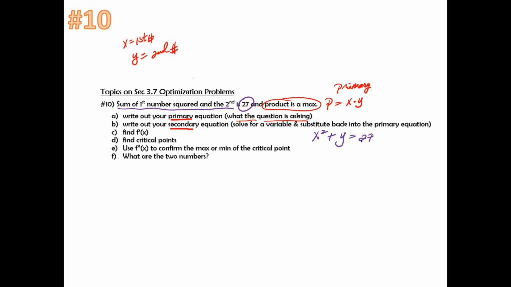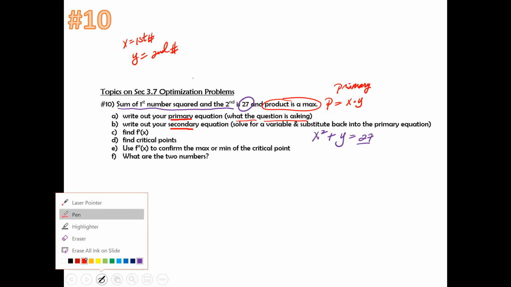Like if you look at the primary equation, you don't have actually anything given to you. It's not equal to a product. It's not equal to an actual number. So your secondary equation, you will always have it equal to something, just so you can kind of isolate the variable. I always like to go ahead and have everything in terms of Y.